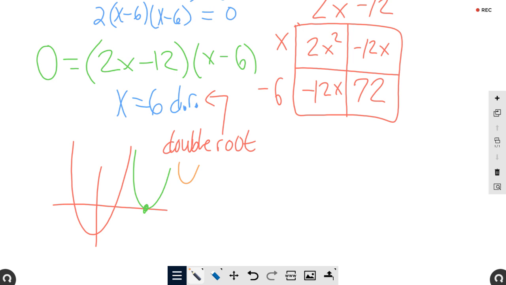It's only going to touch the x-axis once. If we get an equation that is like the orange graph, you won't be able to factor it. They're not factorable. You will never find real numbers that would make that case happen. In that case, we have to use something called the quadratic formula or completing the square, which we'll get to in another lesson. Questions about this problem? Okay.